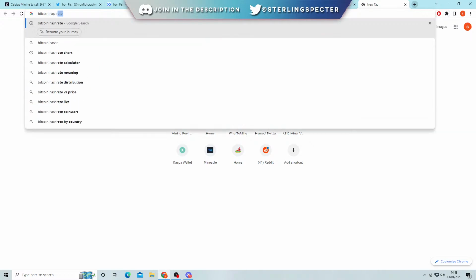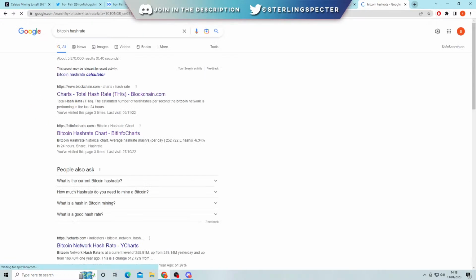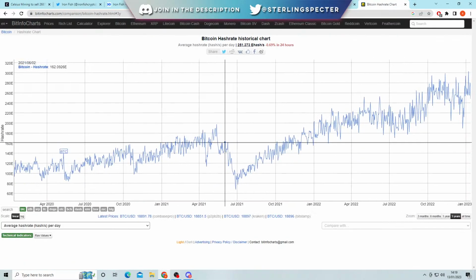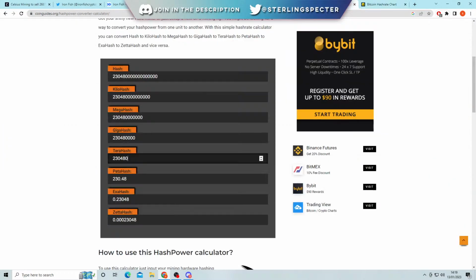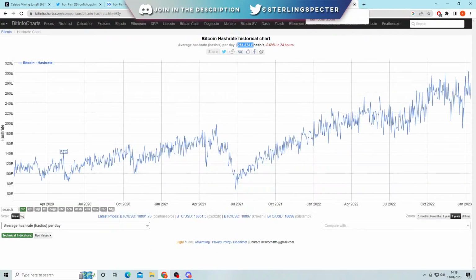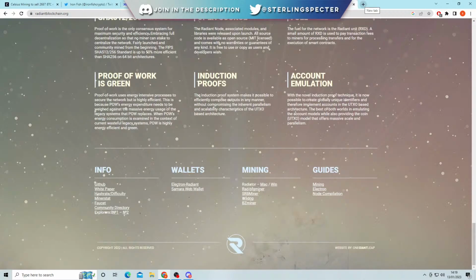Bitcoin hash rate, let's have a look. Let's just go with this one. Yeah, so they're working with 251 exahash, and they just bought 0.23 exahash worth of hash power, which is a lot. I don't know if you'd be able to mine solo on that. Definitely not.